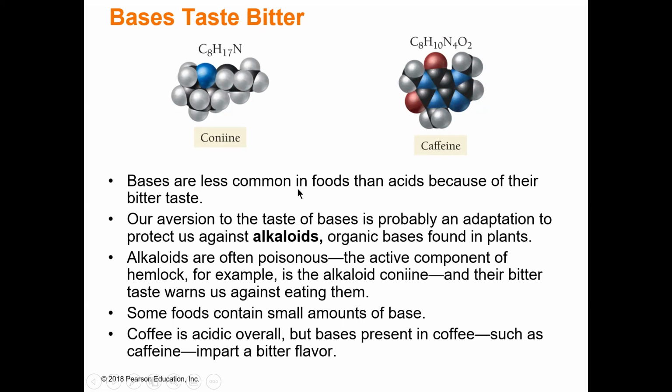So bases are less common in foods because of their bitter taste. And we have specifically an aversion to these things called alkaloids, which are organic bases that are found in plants. And a lot of times these alkaloids tend to be poisonous. So we don't want to eat them. So they taste icky. There are some things that contain bases.